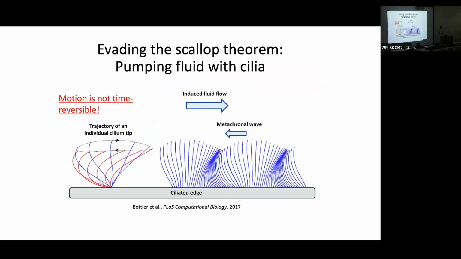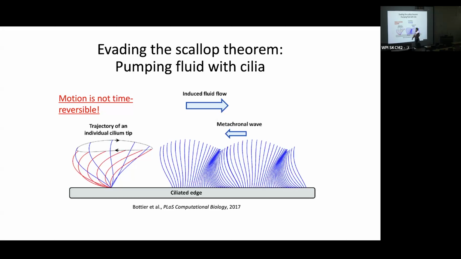But I'm not really going to talk so much about helices. I'm going to talk about ciliated microorganisms and synthetic Janus particles. If you're a ciliated microorganism, that offers another way to evade the scallop theorem. So this is a cilium executing a periodic motion.